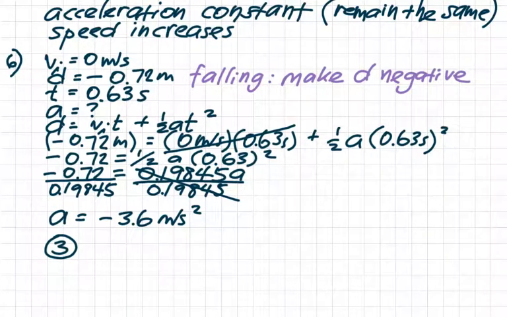Now, negative is not an answer choice, they're all positive, but it does say magnitude of the acceleration, and we know that magnitude means amount. Magnitude is always positive, that's why the answer is positive. But technically the acceleration is always negative because it always points down towards the surface. I don't care what planet you're on.